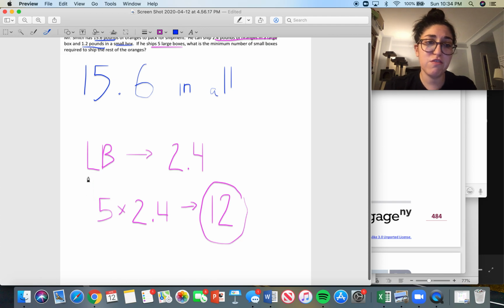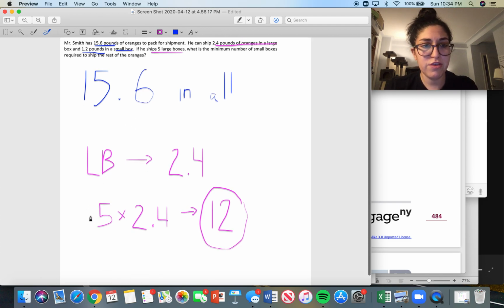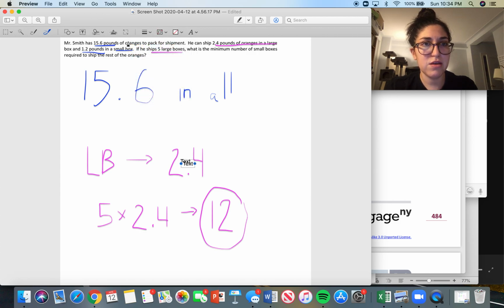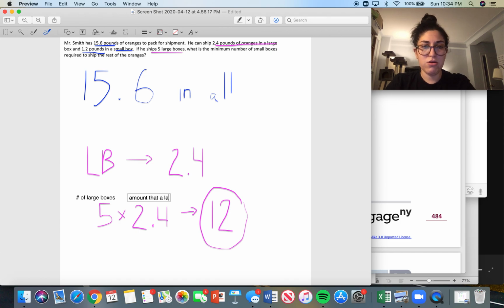Remember, this 5 is the number of large boxes, and this 2.4 is the amount that a large box can hold.